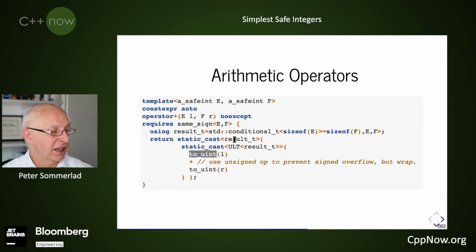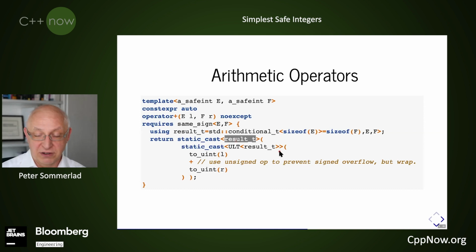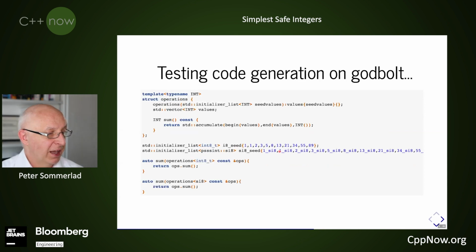And in the end, we cast back to our result type. This intermediate cast is there to guarantee that we do not get a warning and have the actual result type that's expected here. The corresponding result type is the safe integer enum class type, and we will get there from the corresponding underlying type.